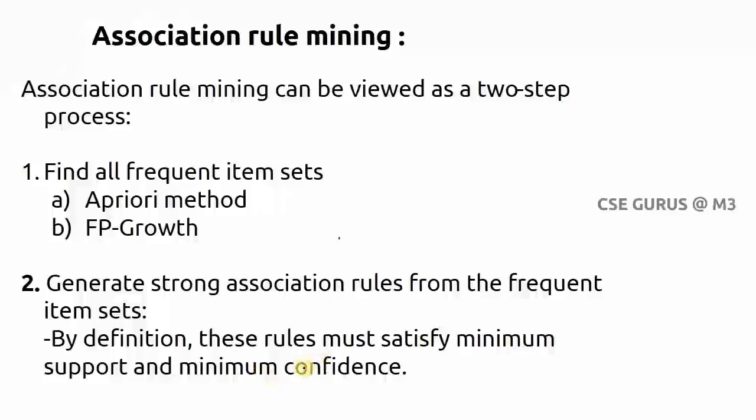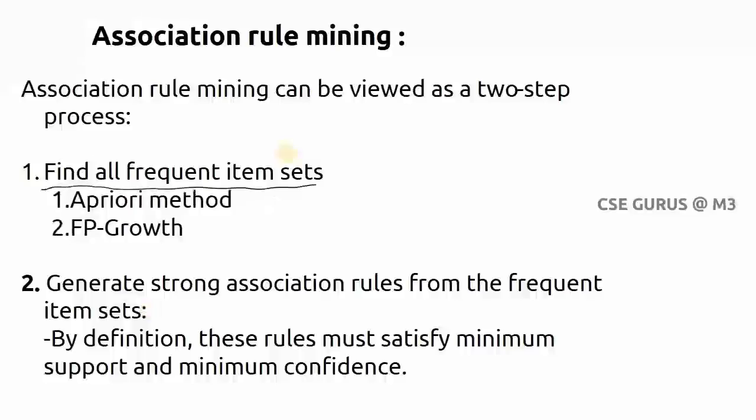We'll see this also. First, we'll go for finding all frequent item sets with the Apriori method. After that, we'll come to generating strong association rules.